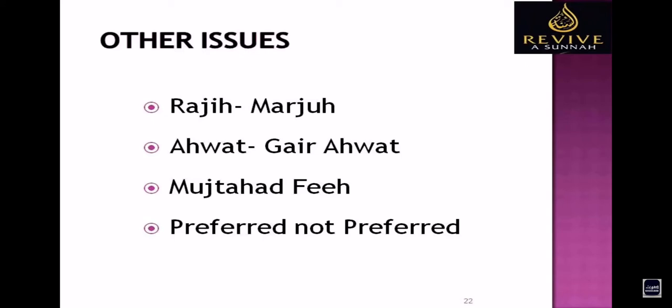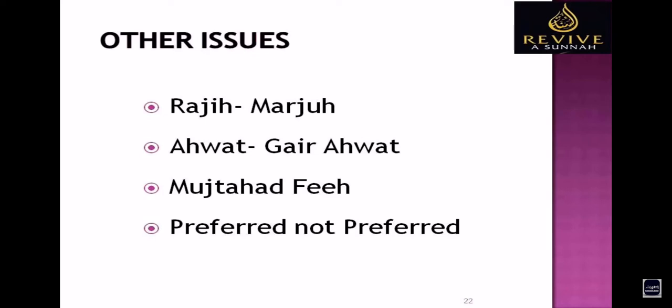And another term which I'll go on to afterwards is preferred or not preferred, pasandida, ghair pasandida, or mujtahid fi. I'll explain that separately. Now, coming back to these terms, this is a rajih or a marjuh. I'll explain mujtahid fi also, so it all comes under one explanation.